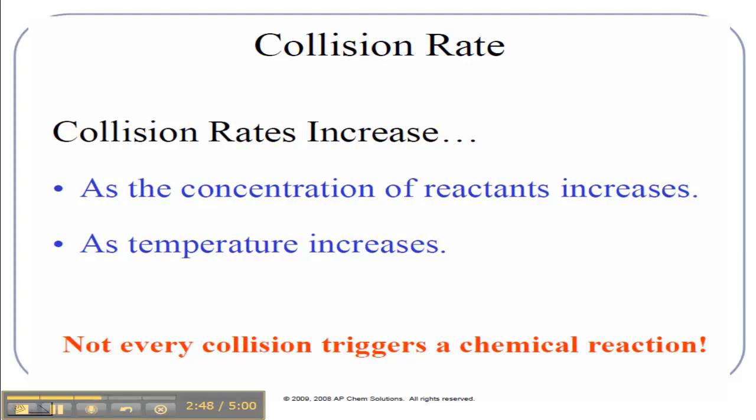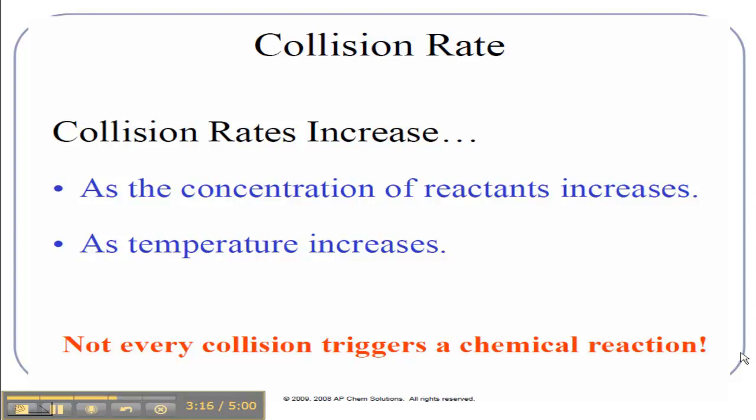When there's more particles to hit, then you're going to have more collisions. And of course the temperature increases the energy. They're moving faster and faster. And so by doing so, you're increasing the average velocity of the particles, so the collision rate is going to increase as the speed increases.